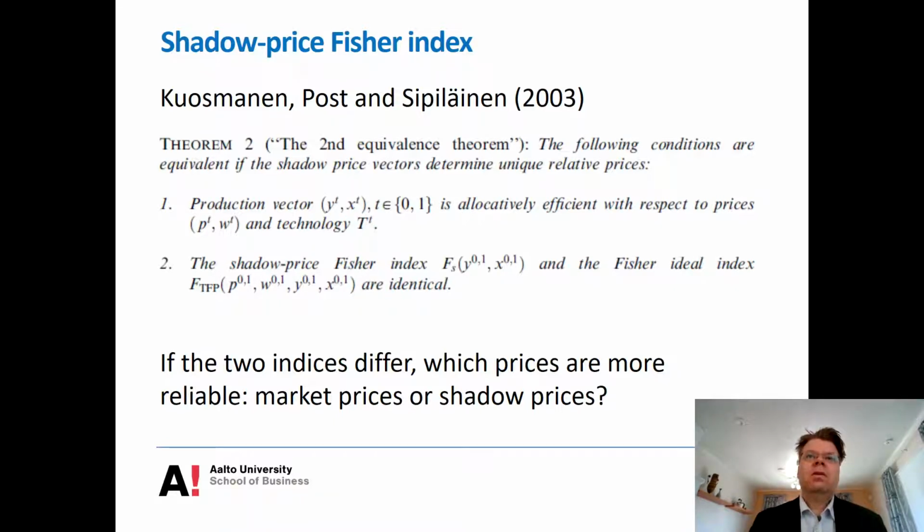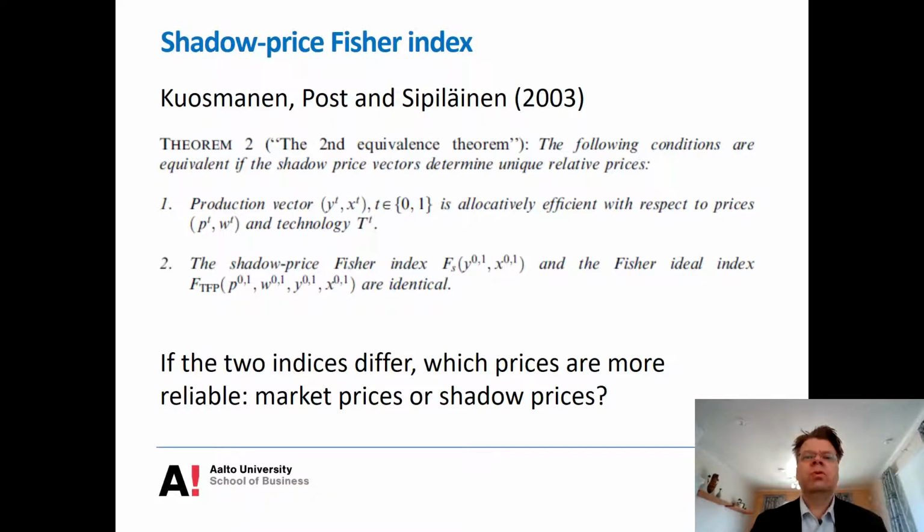And so then I've raised here also the question that, okay, what if these two indices differ? If we observe the prices and we can calculate this classical Fisher index, and then we can calculate it with the shadow prices, then which one is more reliable, this kind of distance function based index or the price based index?